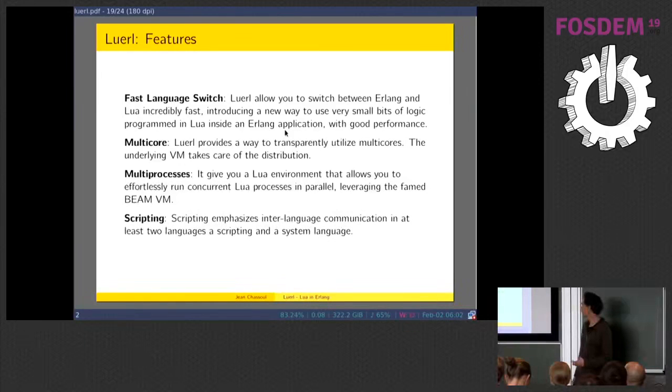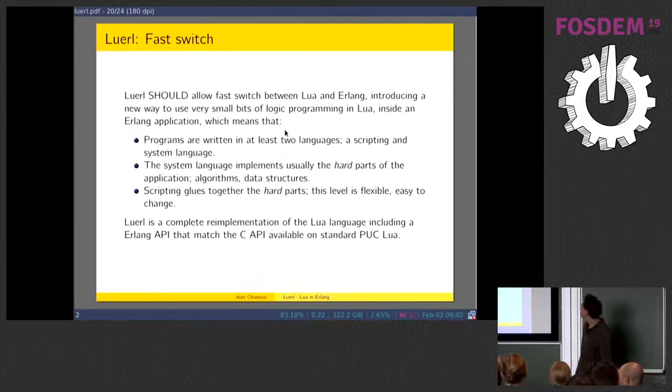It exploits the capabilities of the BEAM virtual machine, giving you a way to transparently utilize your multi-core machines. So Luerl is a complete reimplementation of the Lua language, including an Erlang API that matches the C API available on the standard Lua.